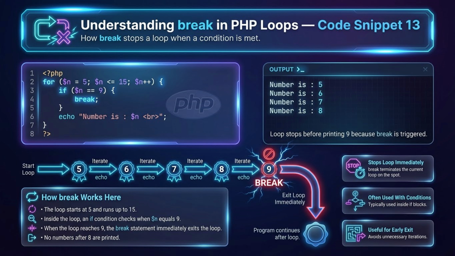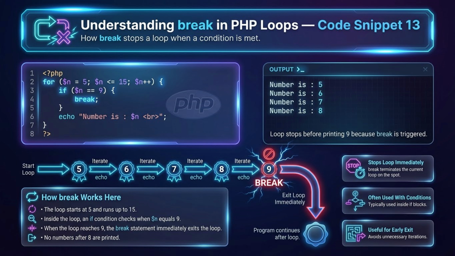However, once $n increments to 9, the condition becomes true, and the loop encounters the break statement. At this moment, the execution flow jumps out of the loop entirely, shown in the diagram as a bright red break symbol where the loop snaps open and ends immediately. This is a powerful way to stop unnecessary iterations and control program flow efficiently.